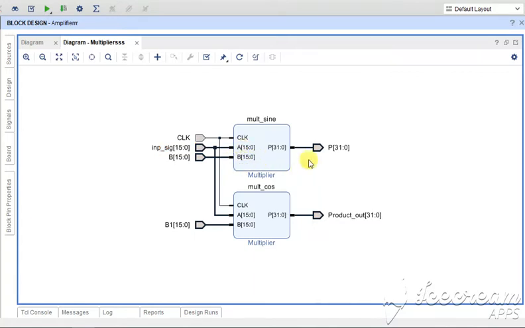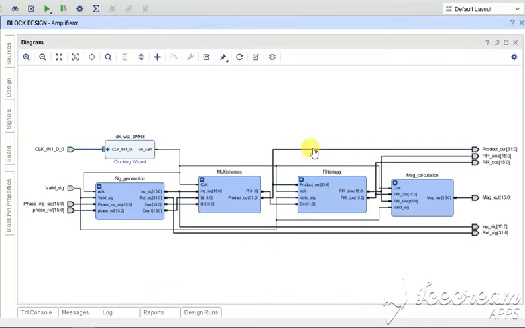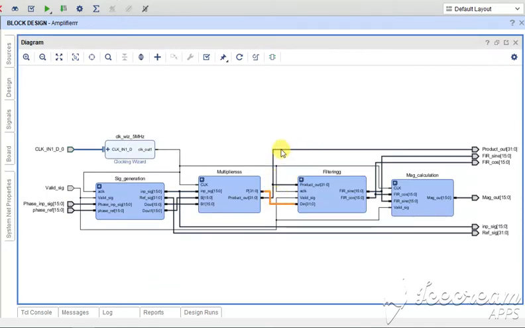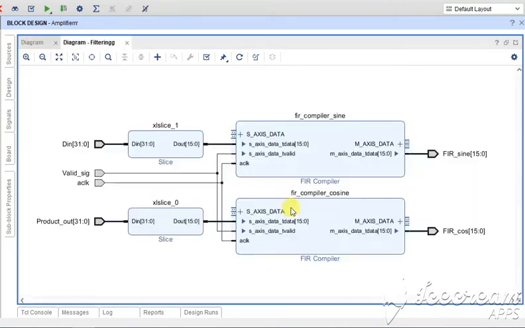These 16 bits are multiplied and give us the output of 32 bits. We can see that this is our 32-bit output of sine and this is our 32-bit output of cosine. Then both outputs are going towards the filter block.